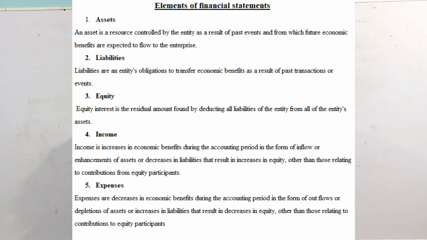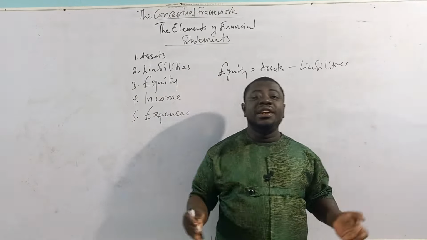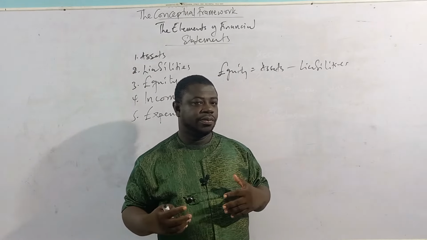I repeat. Now, income is an increase in economic benefit during the accounting period in the form of inflow. So you see, we are talking about an increase in economic benefit, which is in the form of an inflow.